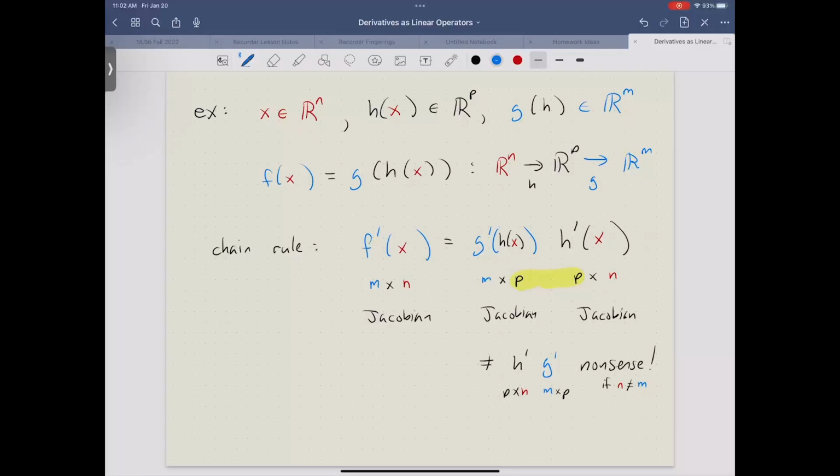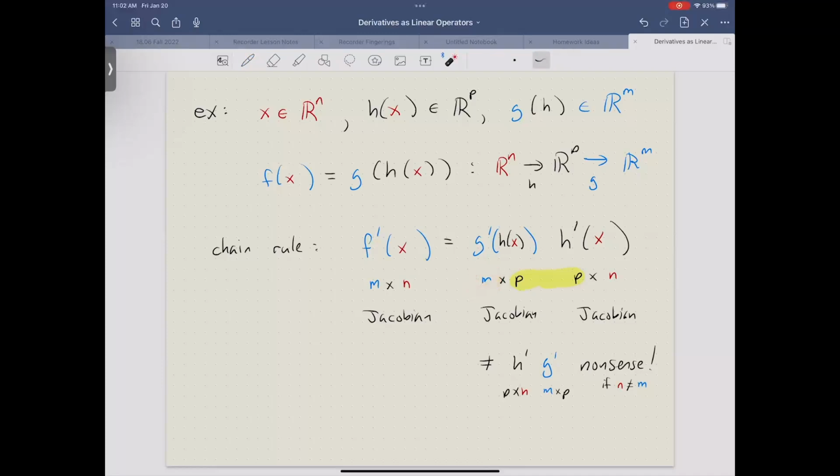So for just functions that have vectors in, vectors out, the chain rule is just the ordinary matrix product of the Jacobian matrices of each of the terms in order. So you always have to keep them in the same order, otherwise it's not going to make sense.